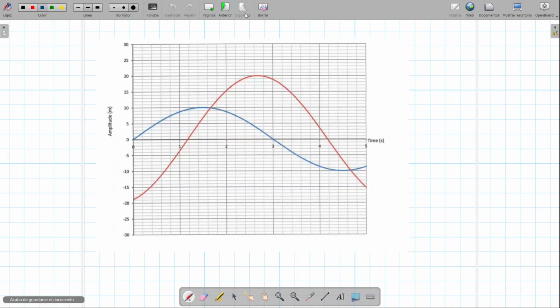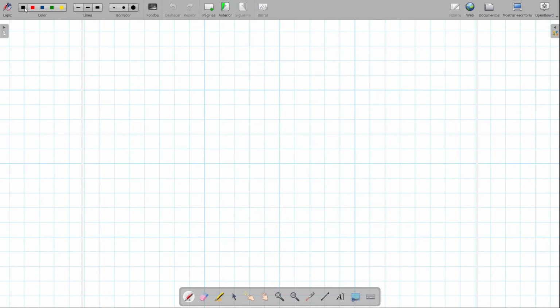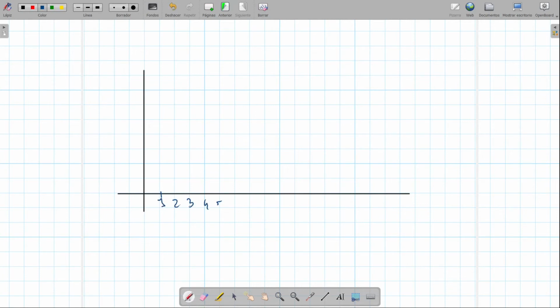Let's do another example very quickly. So if we have this, and we have 1, 2, 3, 4, 5, 6, 7, 8, 9. Okay, and we draw, let's do the same amplitude 3, but instead of now being like this, we will double that.